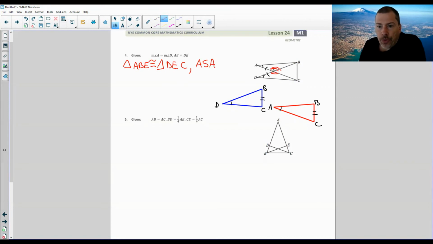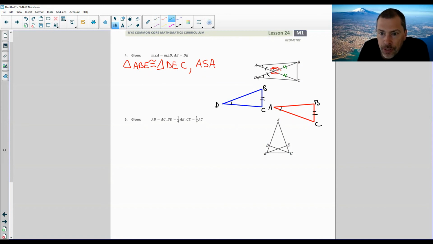Okay, so now that I know that, since this triangle is congruent to this triangle, then the corresponding parts of congruent triangles are congruent. So now I can say that BE is congruent to EC. So if BE is congruent to EC and ED is congruent to EA, then the sum of their parts is equal to the whole.